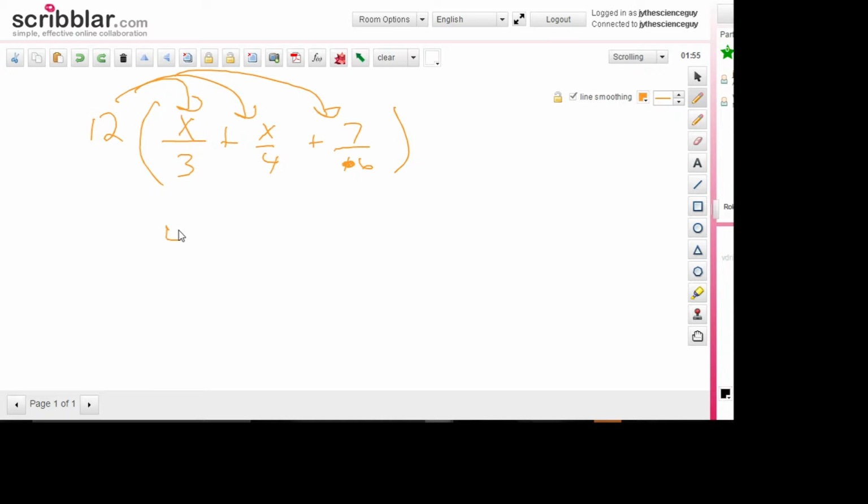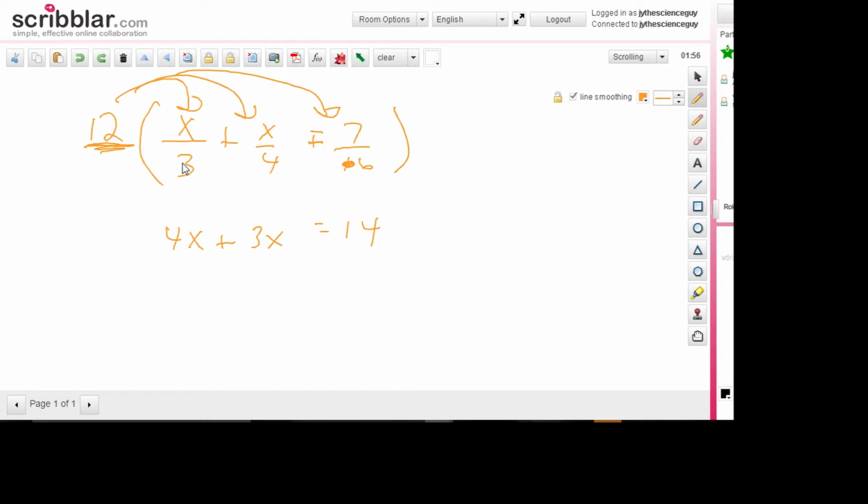You got 4x plus 3x equals 14. Notice that the 12 now is not there because I'm not worried about the common denominator. I'm using the common denominator to multiply everything by. But I don't see how that makes sense.